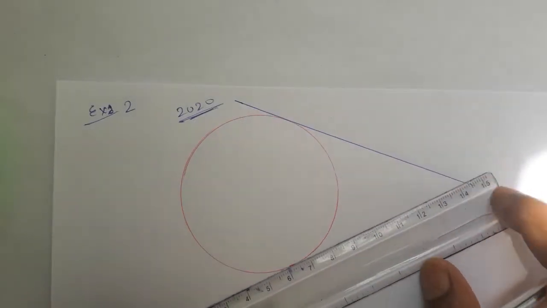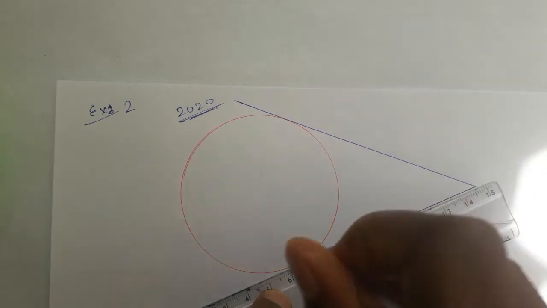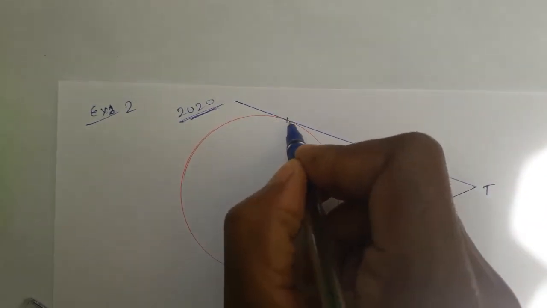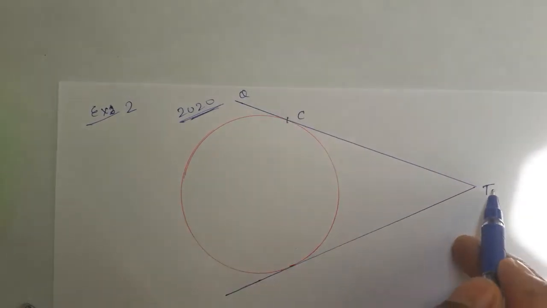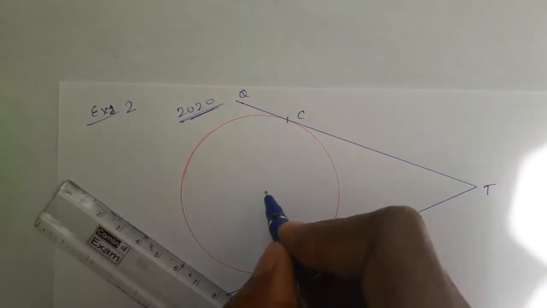Here one tangent and here the other tangent. TCQ is one tangent, but TC is taken as length. PAT is also another tangent.